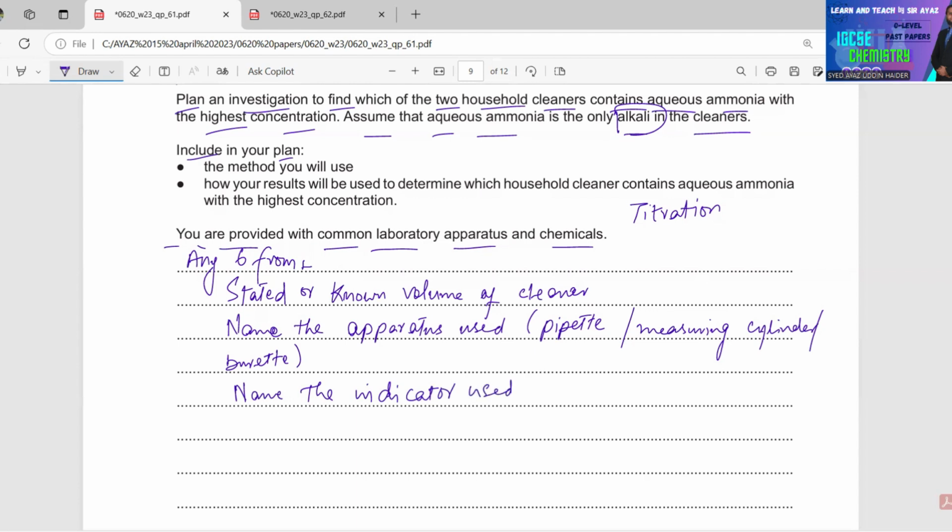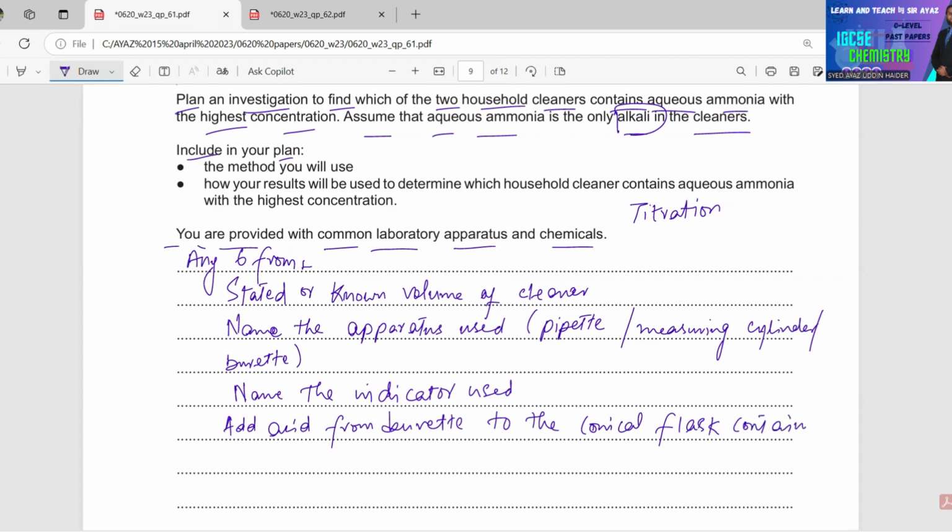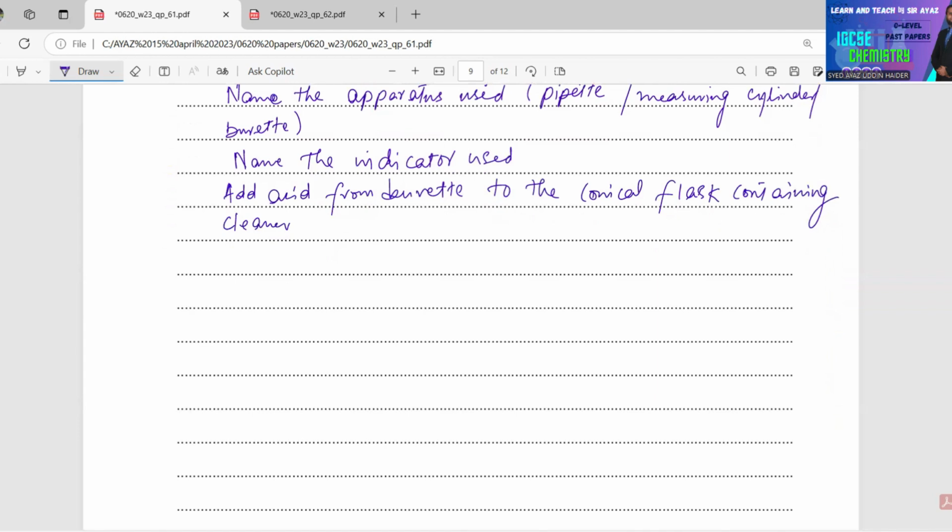The next point, add the acid to the cleaner through the burette to the flask. Add acid from burette to the flask. It's actually a conical flask containing cleaner. Then note down the correct endpoint colors.